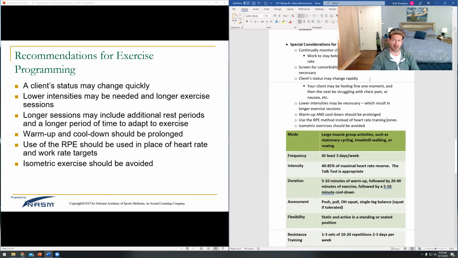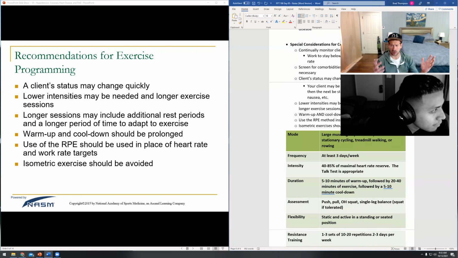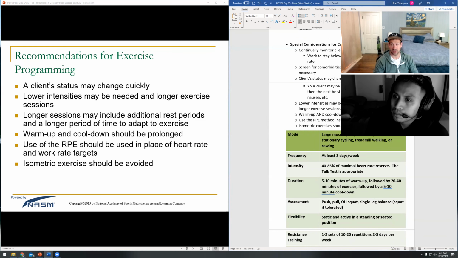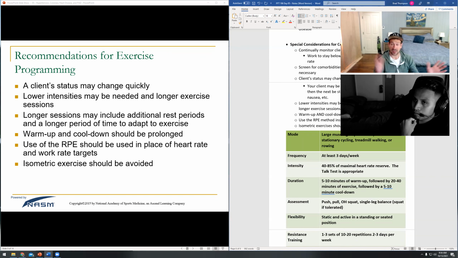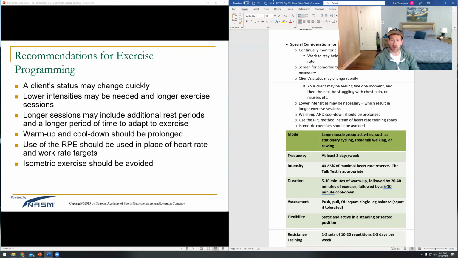Nausea is sort of an interesting response when you're having heart failure. Sometimes people will describe it as feeling like heartburn, which is a digestive system thing, right? But that's what it'll kind of feel like, and then that causes a lot of nausea. It's just your body is dysfunctional, and so it's sending out all kinds of signals to get you to sort of help it out. So we've got to be aware of that and be very careful there.